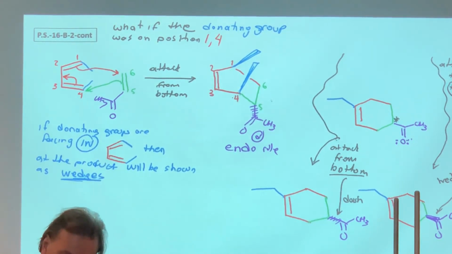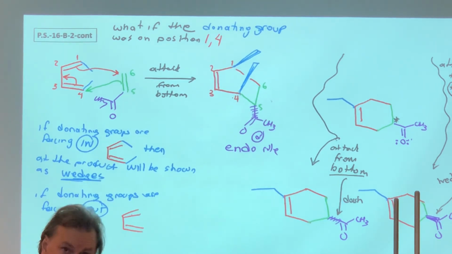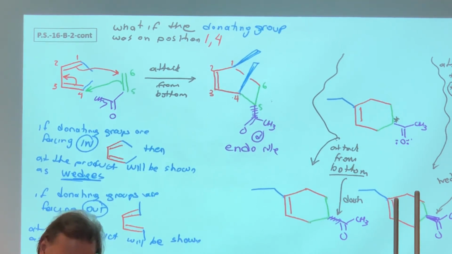And if the donating groups are facing out, what do I mean by out? This is harder to see, because it's harder to really grasp this, that's why I use the ink, because it's easier to see, like a little envelope pointing up. Then it must be the opposite, right? Then the product will be shown as what? The product will be shown as dashes. Right?